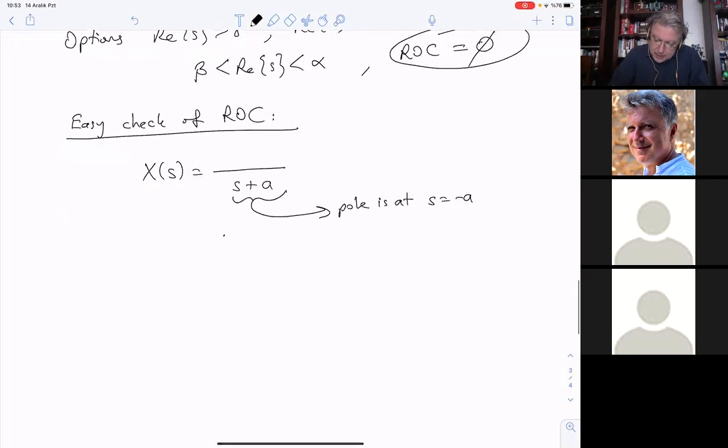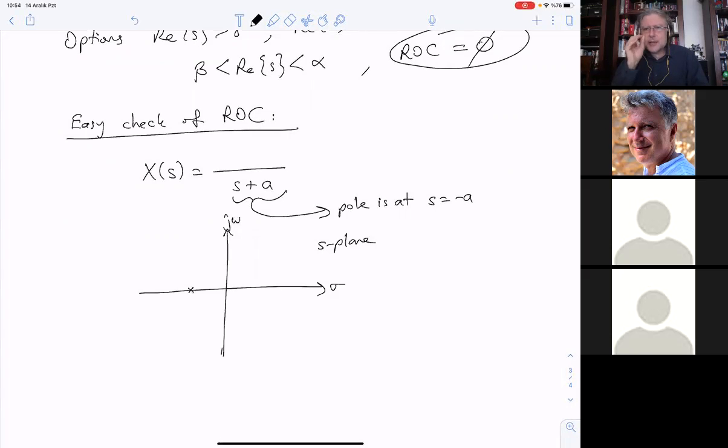And on the s-plane, this is the s-plane, sigma j omega, let's say, s equal to minus a is marked. We mark it with a cross. Let's say a is a real number, and let's also assume that it's positive. So s is equal to minus a.